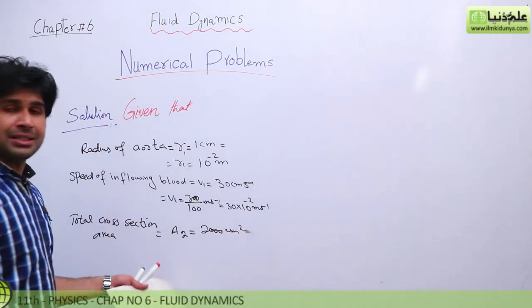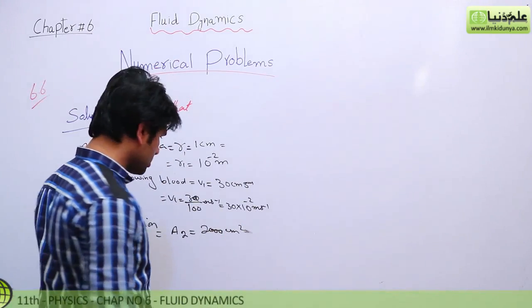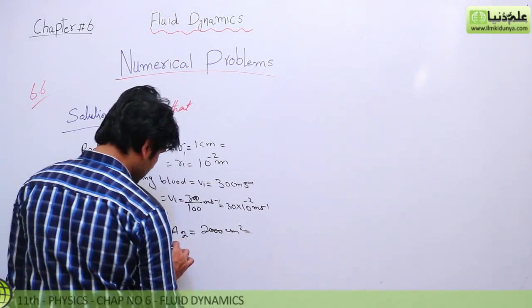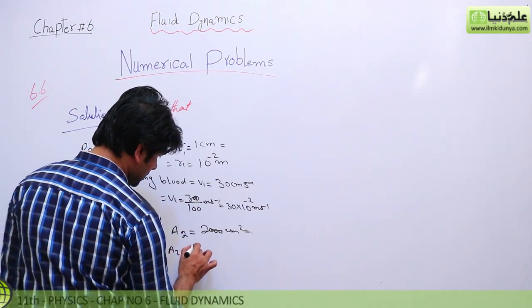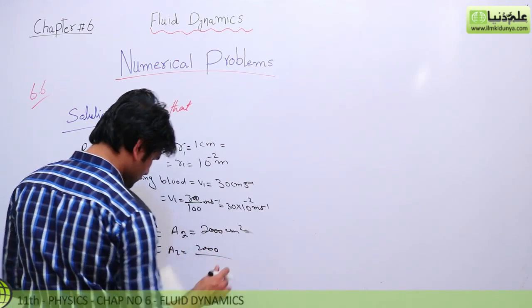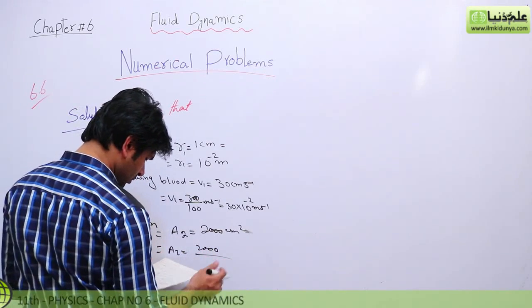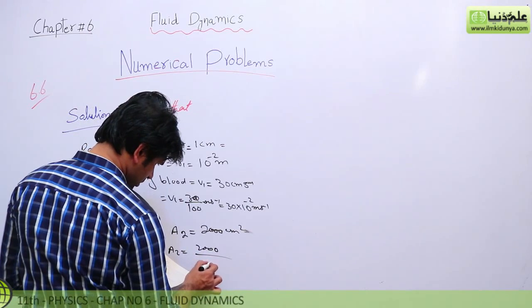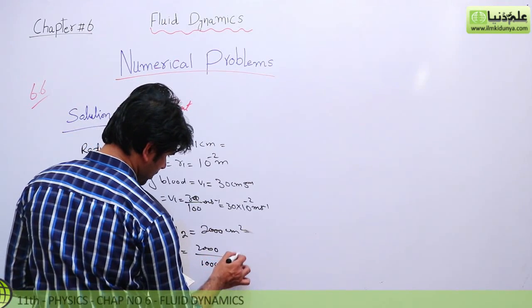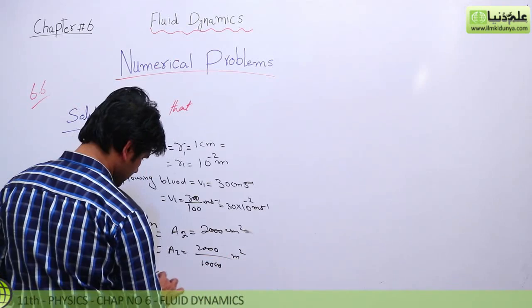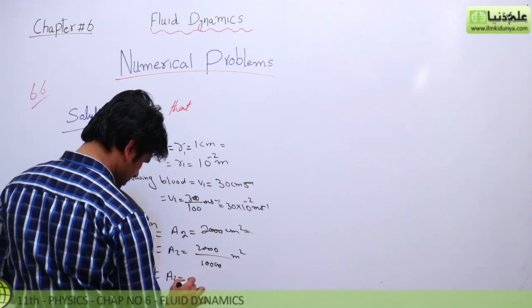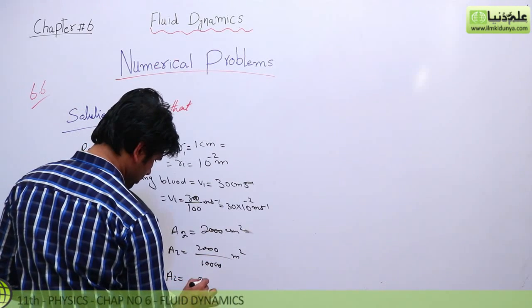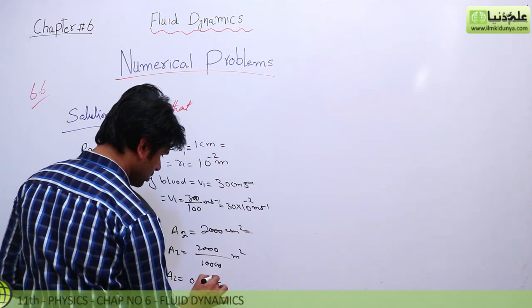We will also convert this centimeter to meter, so meter square. For this sake, we will divide 2000 by 10,000. Then it will become A2 as 0.2 meter square.